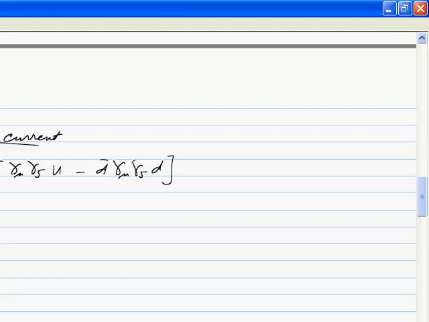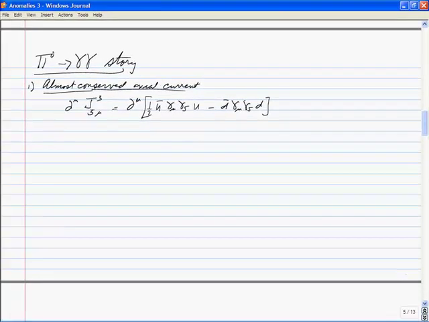Now if you just take QCD, that would be conserved up to mass terms. Even if you add E and M, it's conserved.